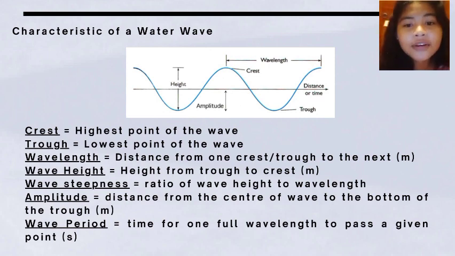These characteristics of water waves are important in order for us to determine the size of the waves, the speed at which they travel, or the height of the waves. We are going to use these characteristics in order to assess what the wave looks like.